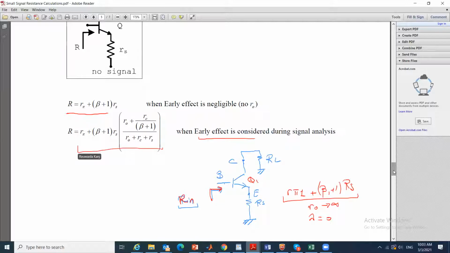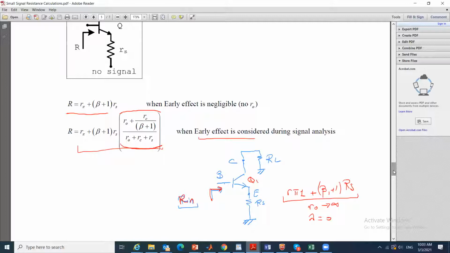So it is R pi plus beta plus 1 Rs times this big factor here, which is Ro plus Rc over beta plus 1, over Ro plus Rc plus Rs.